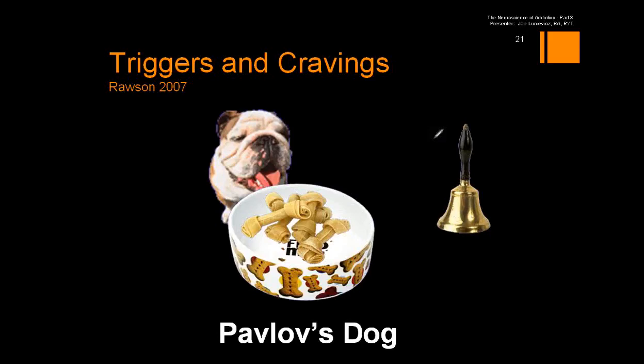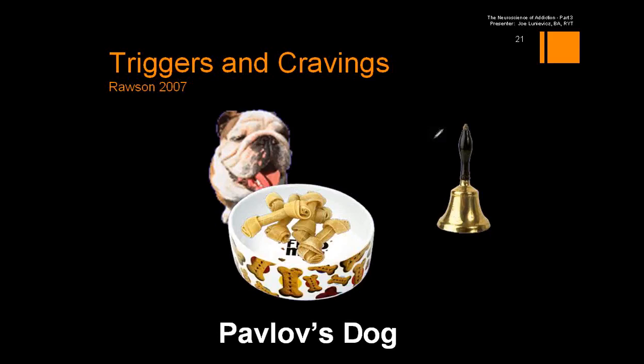So this is fascinating for implications for us, because the human brain responds in basically the same way, right? It is conditioned to drug and alcohol triggers that produce cravings also. So drugs and alcohol produce changes in the brain which result in feelings of pleasure.